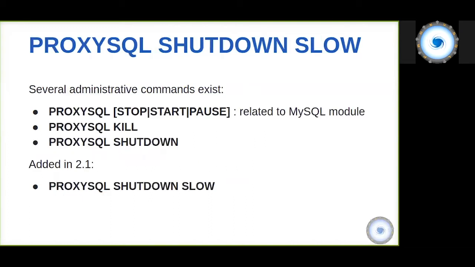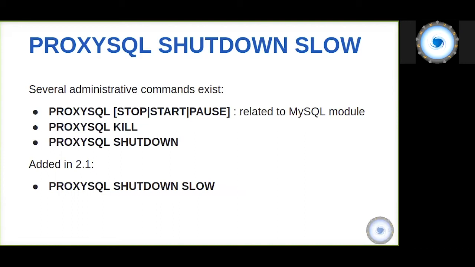Also, we have multiple PROXYSQL commands in the admin. We have PROXYSQL STOP, START, and PAUSE, which are related to the MySQL module, so it's able to stop, start, and pause the MySQL module itself. And in 2.0, we had PROXYSQL KILL and PROXYSQL SHUTDOWN. PROXYSQL SHUTDOWN does a graceful shutdown of ProxySQL, so it will disable all the modules and basically shut down.